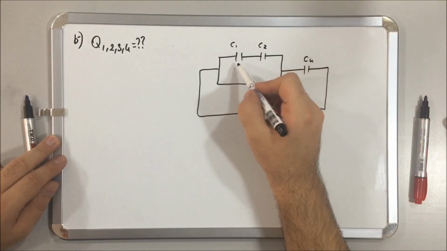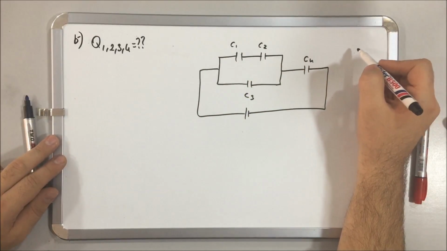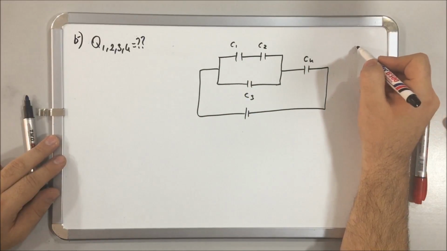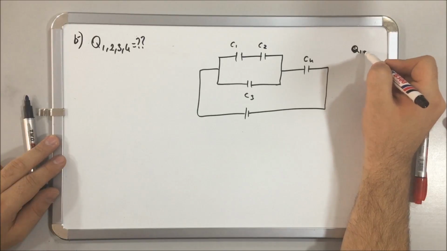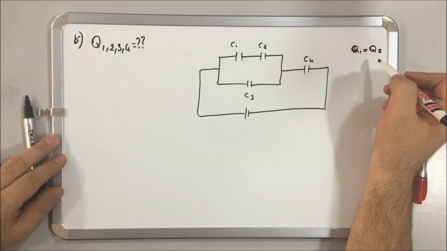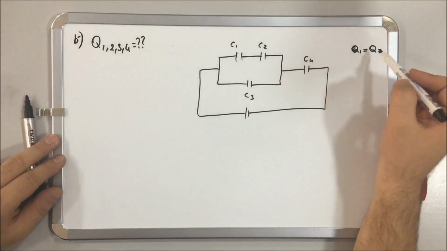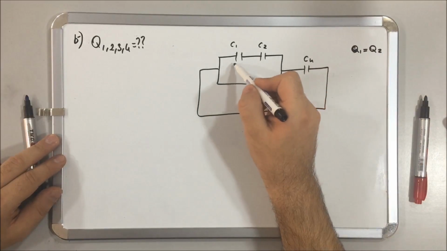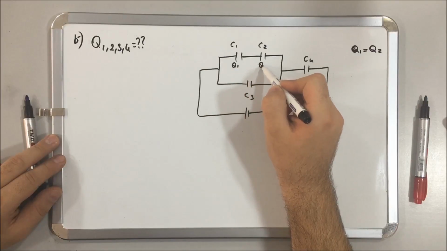And I know C1 and C2, they are series. So Q1 and Q2 must equal each other. And so there is Q1, charge of it, there is Q2.